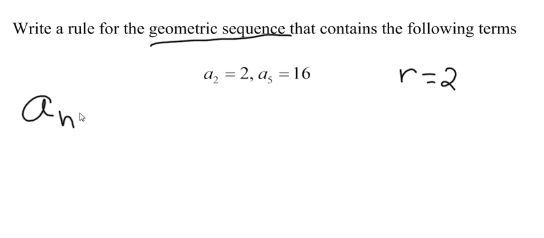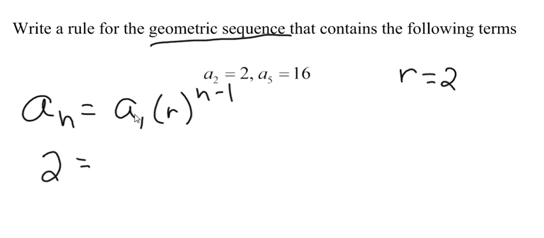It follows a pattern: a sub n equals a sub 1 times r to the n minus 1 power. I know that our common ratio is 2, and because this term comes first, I'm going to use that one. It means n is equal to 2. Our a sub 2 value is equal to 2. So if n is 2, this is a sub 2, which is then equal to 2.